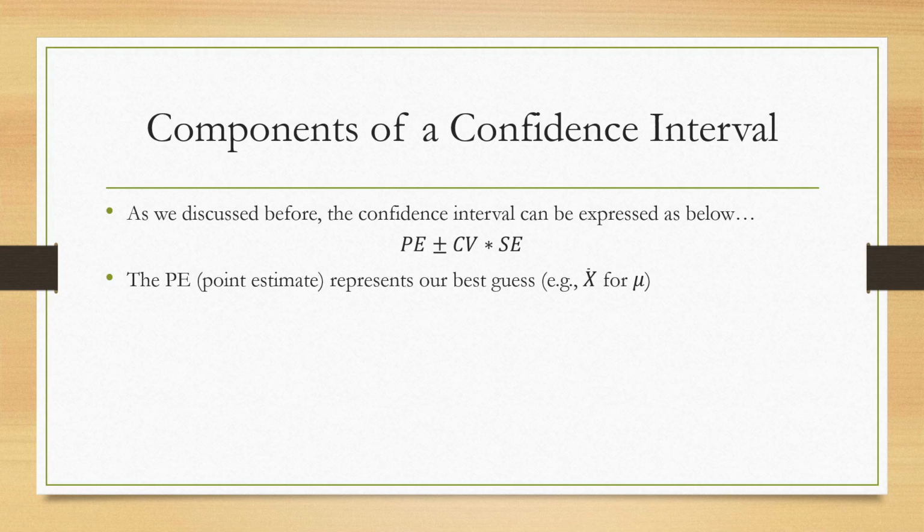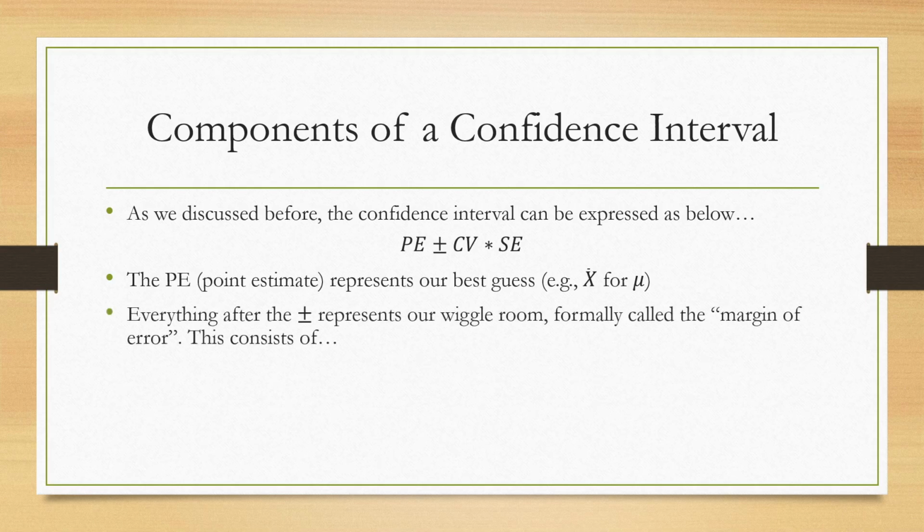So if I'm guessing at the population mean, my best guess is the sample mean. And remember, the sine qua non of all of this is that we have a sample and we're trying to guess at the population. So we have the sample that we can calculate the sample mean for. That's the prerequisite for doing anything involving inferential statistics.